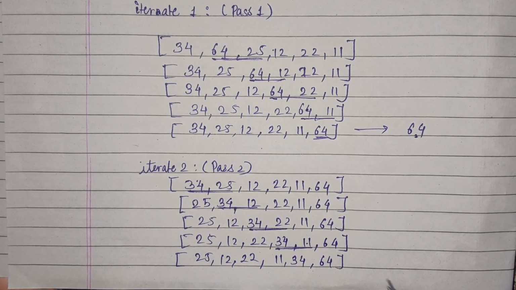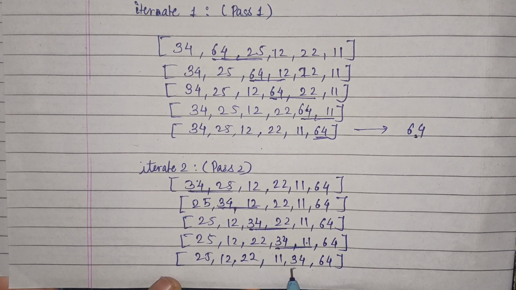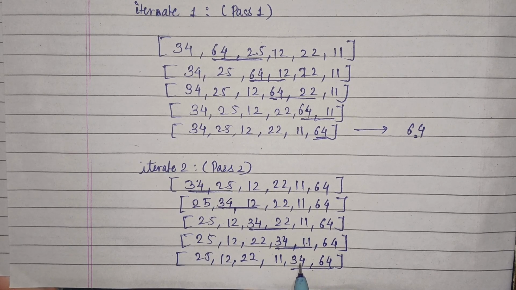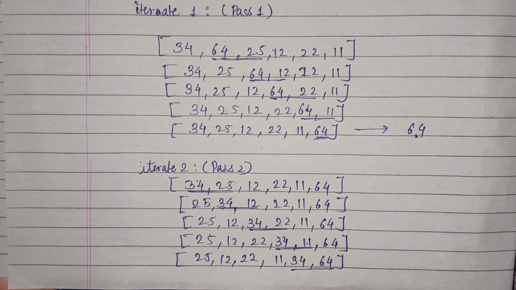Now 34 and 64 will be compared. 34 is less than 64, so it will not swap its position. So the bubble sort is arranging the data, or the array, in descending order.